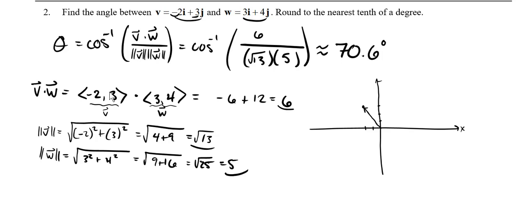And the other vector, 3, 4, should be roughly here, I'd say. That's about right. And notice that looks pretty close to a 90-degree angle, but a little bit short of that, right? So it would be believable that this angle is 70.6 degrees. Okay. It's believable. You always want to check your results for reasonableness, and this one looks reasonable. Okay.